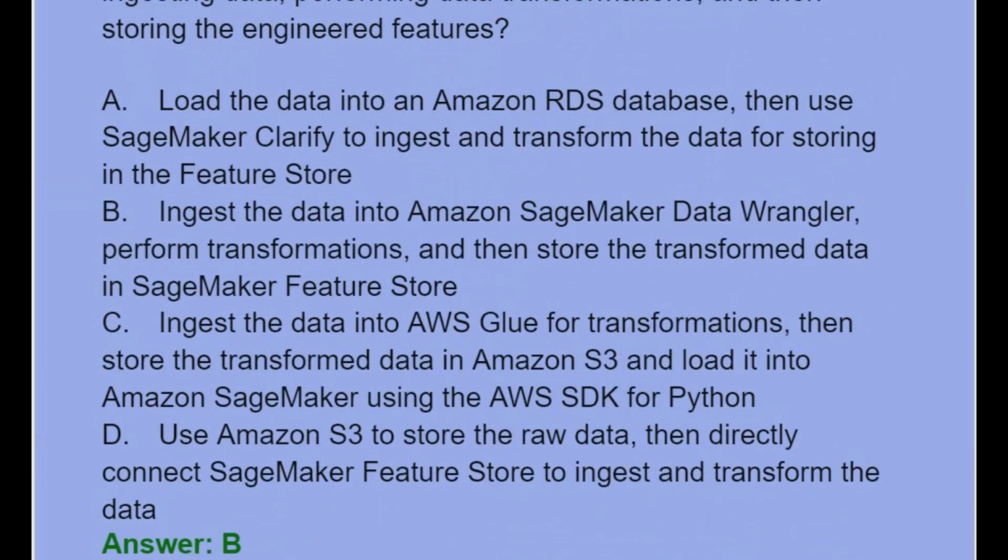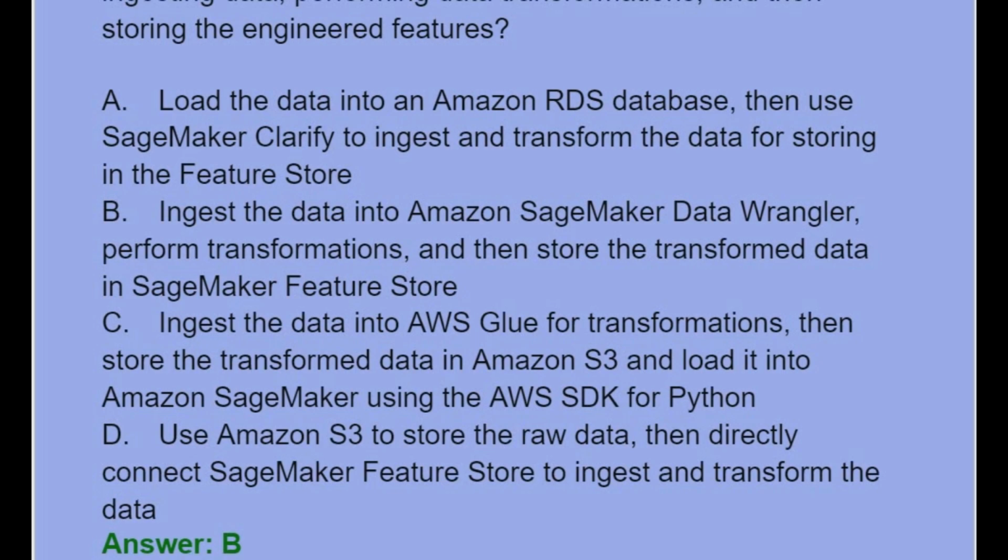Option A, load the data into an Amazon RDS database, then use SageMaker Clarify to ingest and transform the data for storing in the feature store. Option B, ingest the data into Amazon SageMaker Data Wrangler, perform transformations, and then store the transformed data in SageMaker Feature Store.